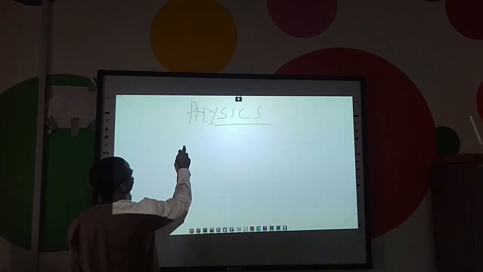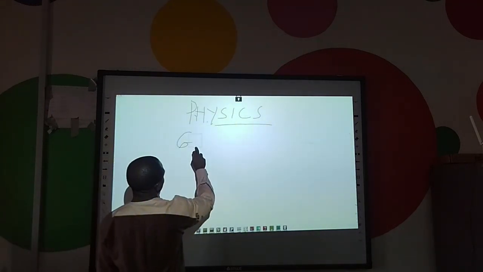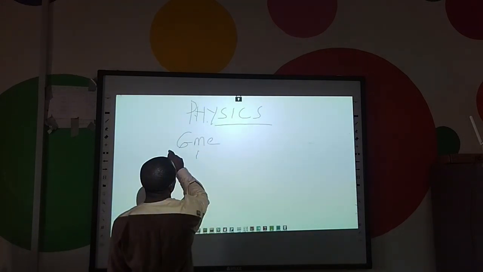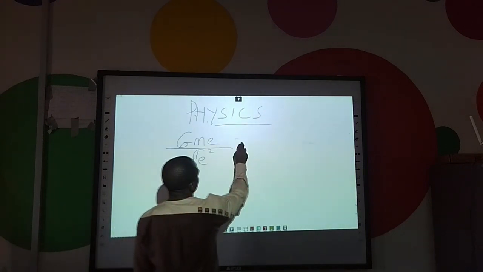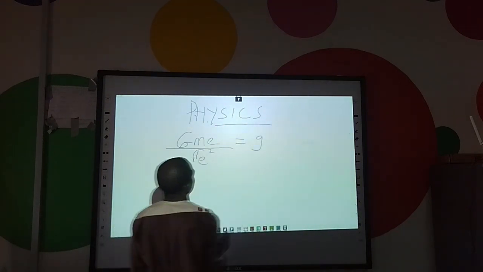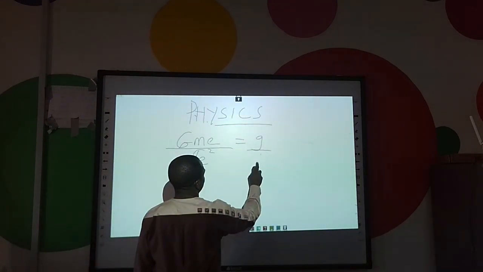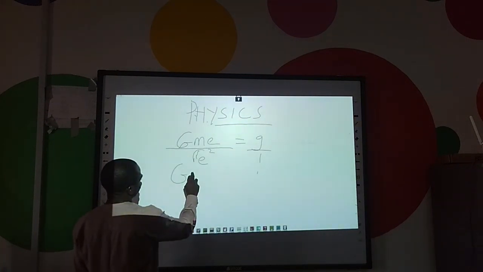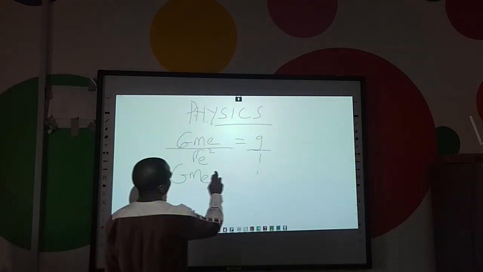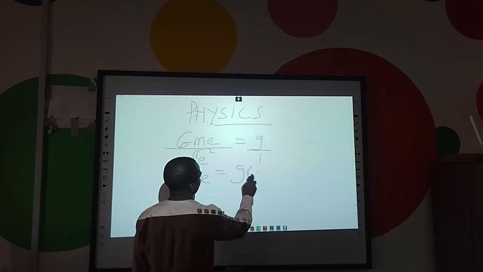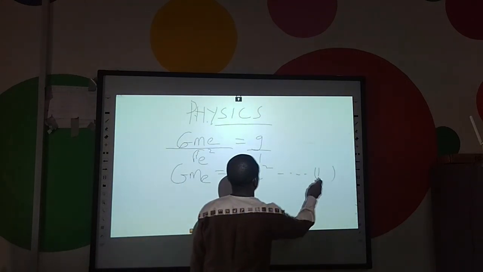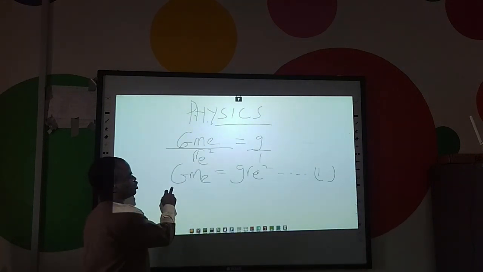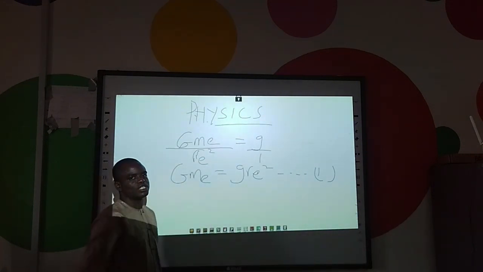After the m cancels out, we have G M E over R E squared equals g. From here you cross multiply. We have G M subscript E equal to g R E squared. Take note. Let's take this one to be our equation 1. Anytime you see G M E, you replace it with g R E squared.